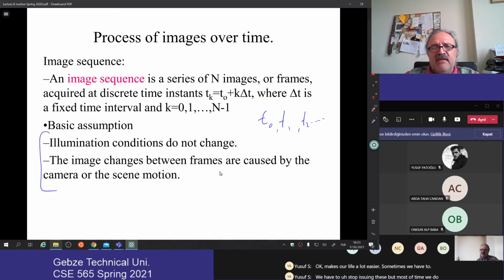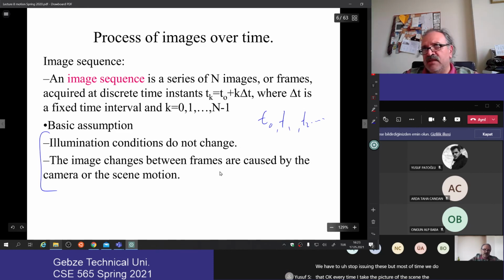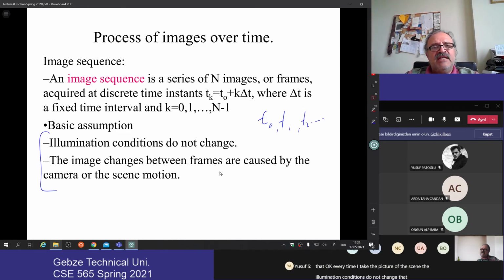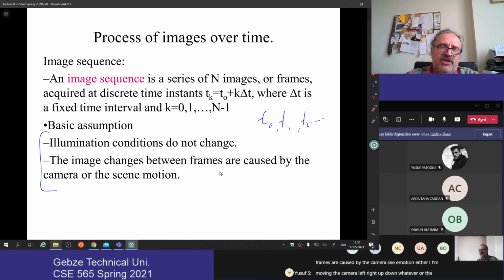Every time I take the picture of a scene, the illumination conditions do not change. That's one assumption. The second assumption is that the image changes between frames are caused by the camera or scene motion. Either I'm moving the camera left, right, up, down, whatever, or the objects in the scene are changing.